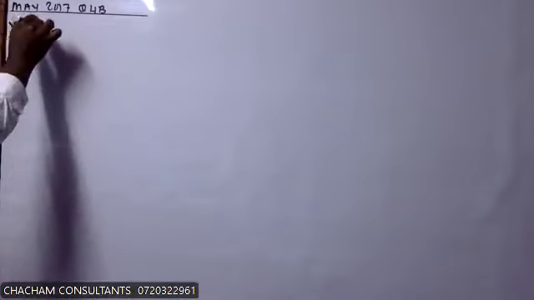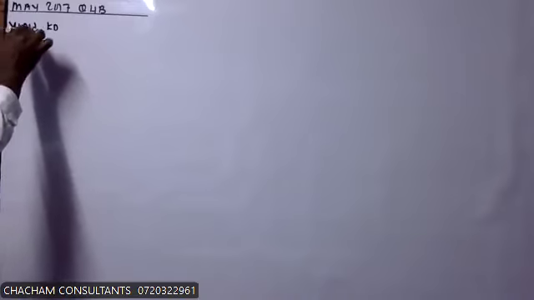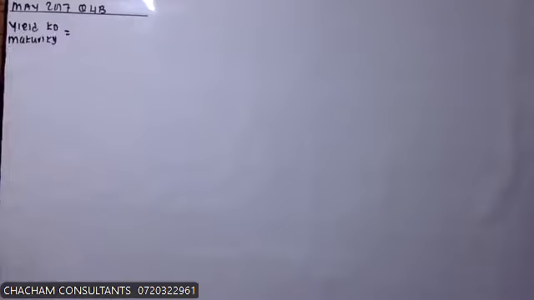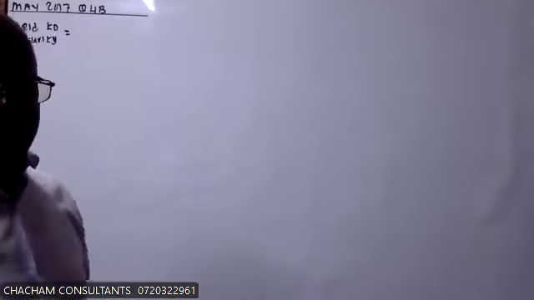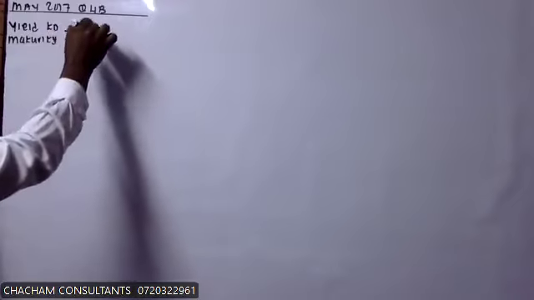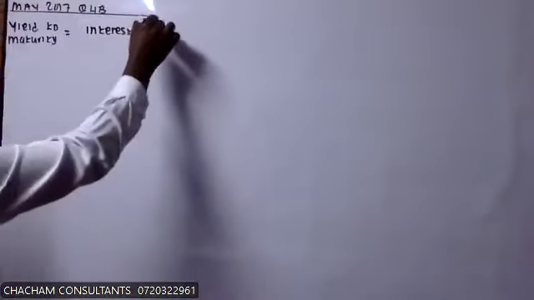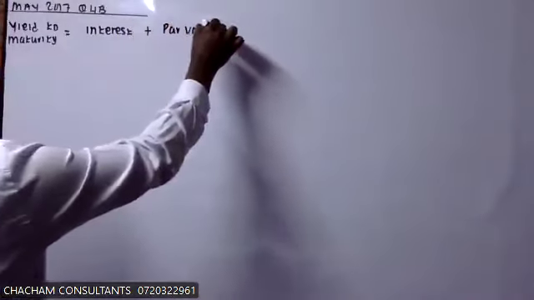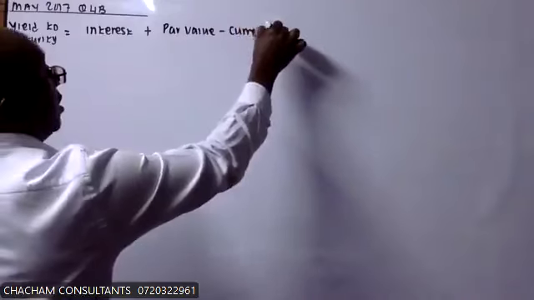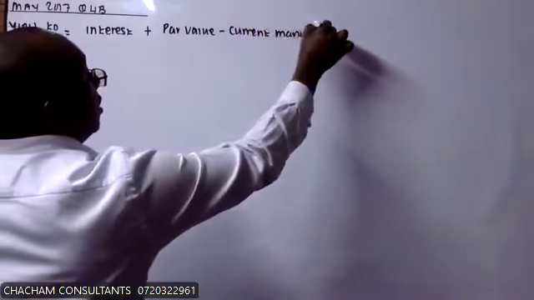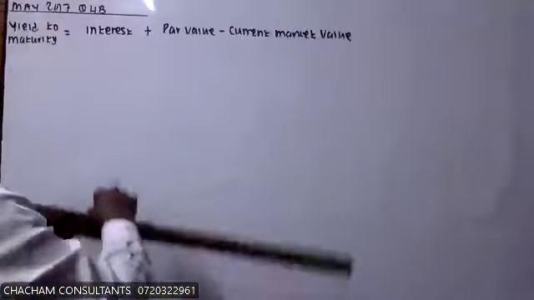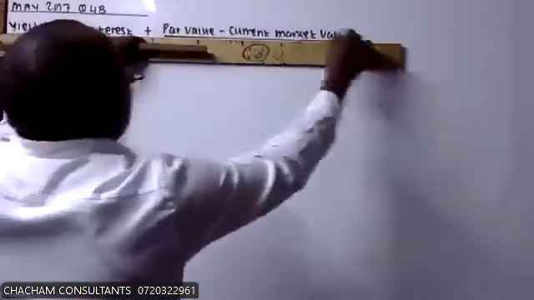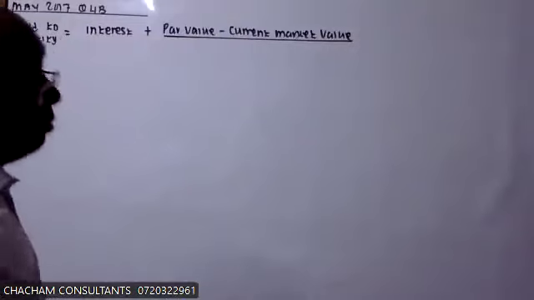Now, the yield to maturity, YTM, we gave a formula here where we said it is the interest, you add the par value minus the current market value, you divide by the number of periods.